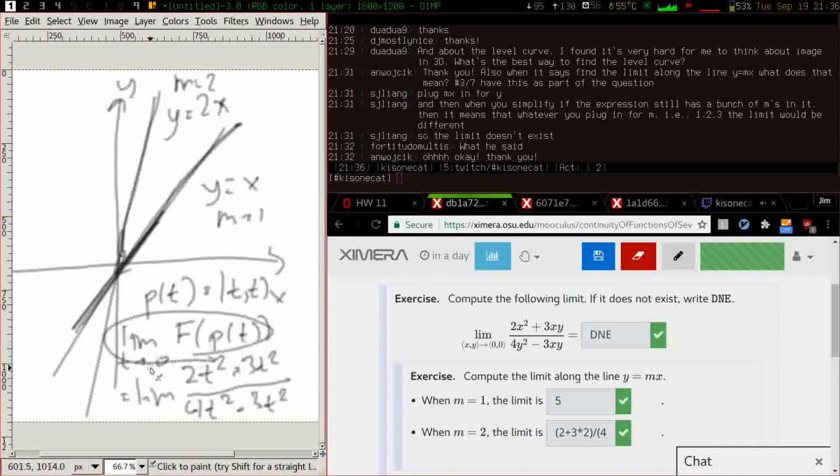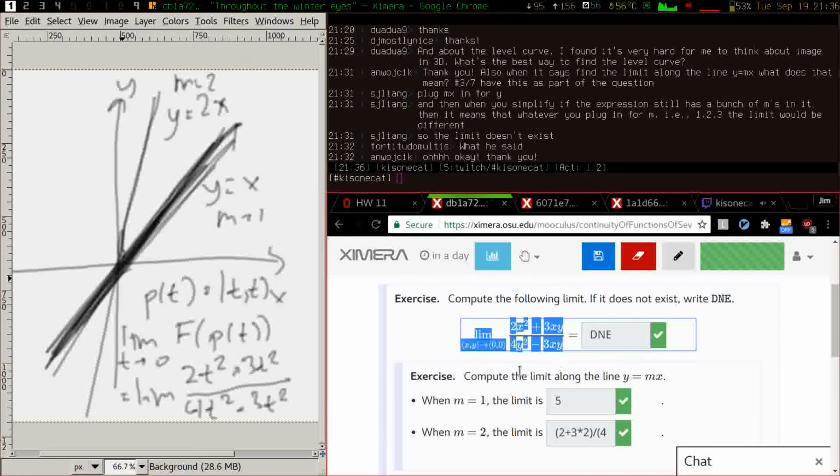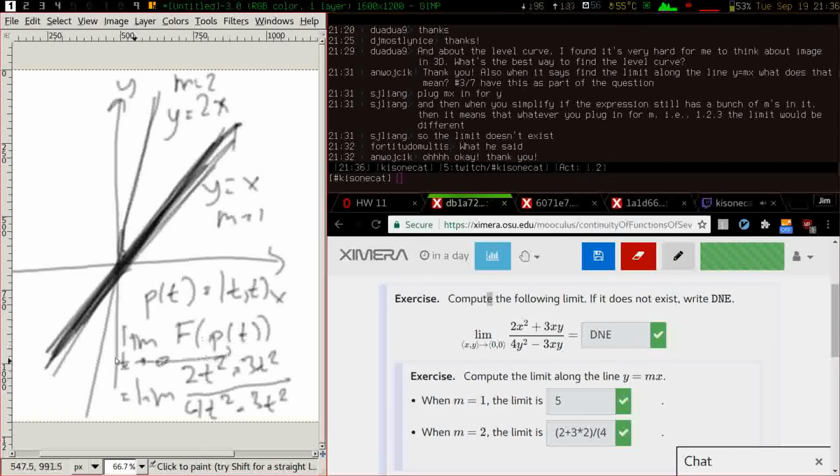This statement here about the limit as t approaches 0 of F of p of t is only making a promise about what happens along this line. It's not saying anything about what happens when I come towards 0, 0 along some other crazy path. And that's extremely important, right? This thing here is a much stronger statement, and to say it exists is to say a lot more than to say that this limit exists, which is only saying something about what happens along this line.